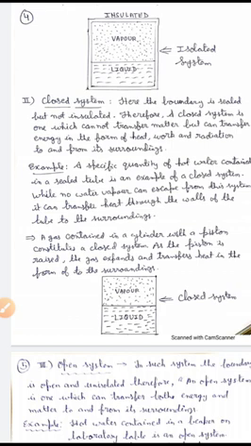For example, a specific quantity of hot water contained in a sealed tube is an example of a closed system. While no water vapor can escape from this system, it can transfer only heat through the walls of the tube to the surroundings.